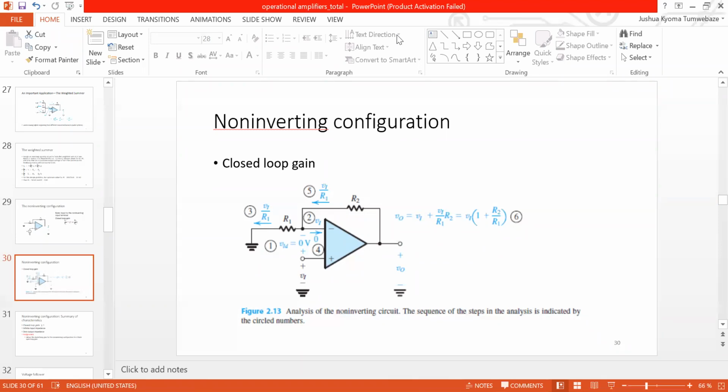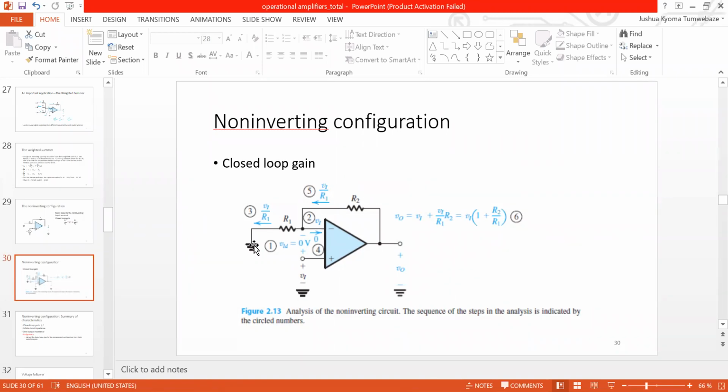Because you see on the right side we have a voltage VI. On the other side, we have a signal ground. So you'd expect that current will flow towards the signal ground, isn't it?